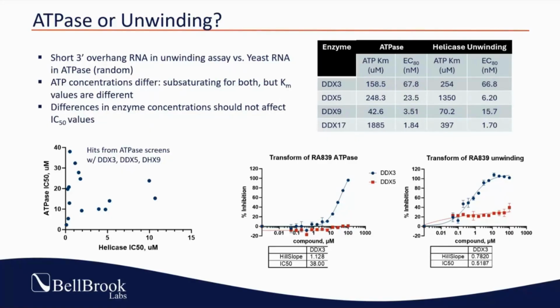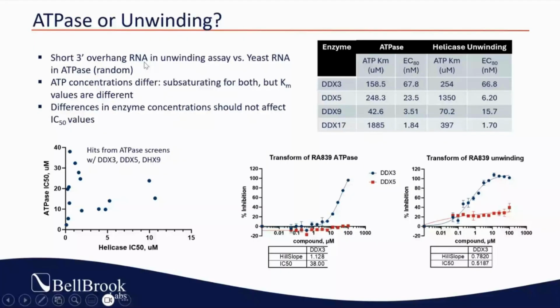So I've shown you 2 different types of assays, and both are compatible with high-throughput screening. Both can give you accurate dose response measurements. So which do you use when? I can't answer that for you, but I can give you some information that might inform your decision. So the first thing to remember is that we're using very different substrates in the two assays. So in the unwinding assay, we're using a short defined RNA with a 3' overhang.